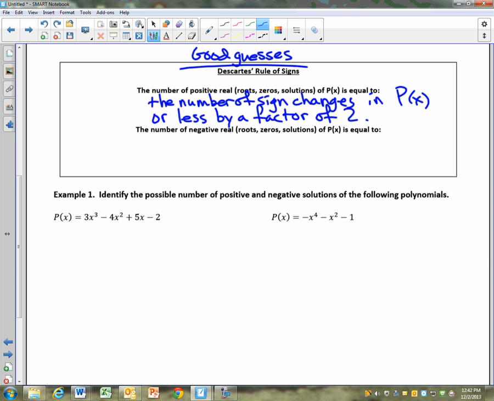What does that mean? Got it written down? Now let's understand what it means.